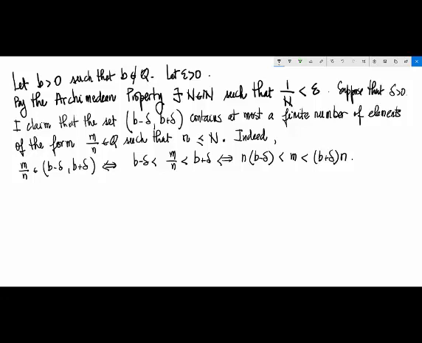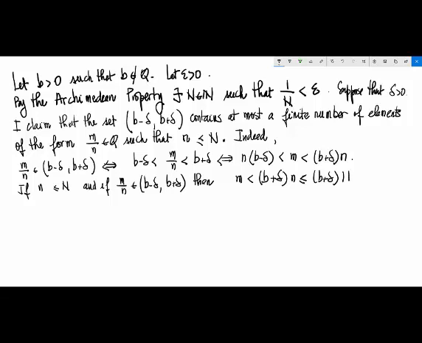And so if little n is greater or equal to big N, and if m over n is in the set (b minus delta, b plus delta), then it must be the case that m must be less than b plus delta times n, which will be less or equal to b plus delta times n.